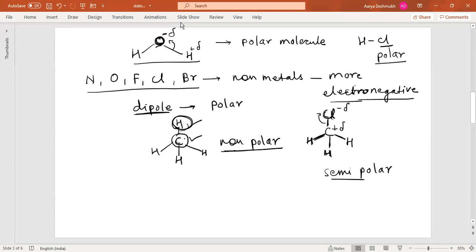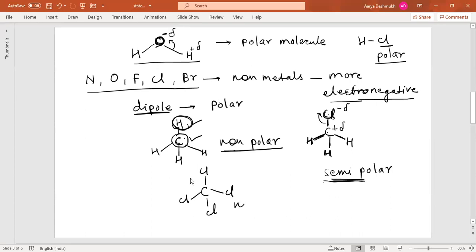So only the dipole formation between this carbon and chlorine gives a semi-polar character to this chloroform molecule.